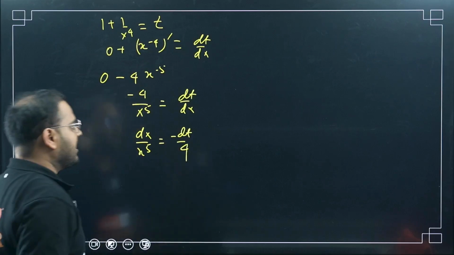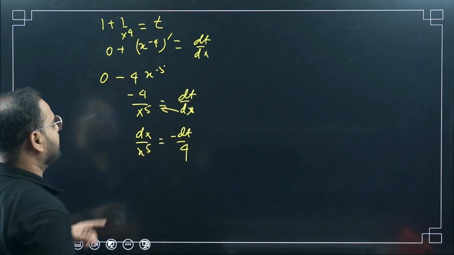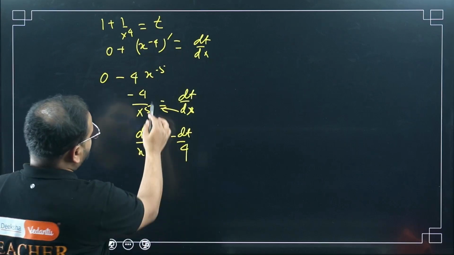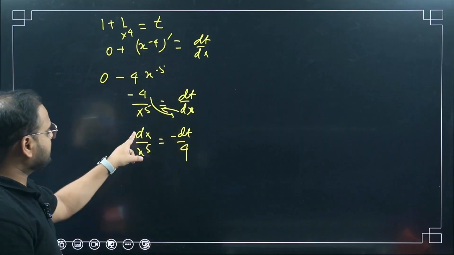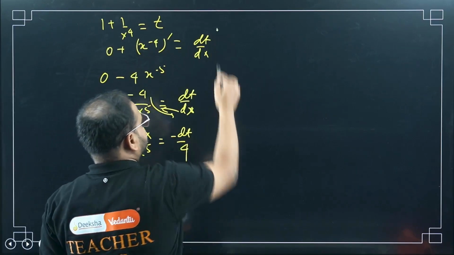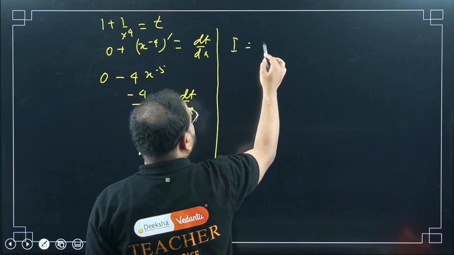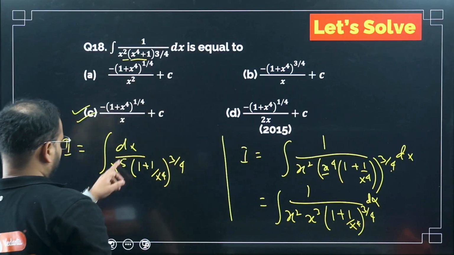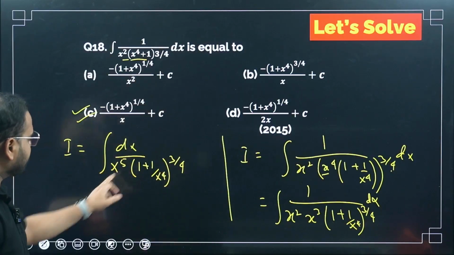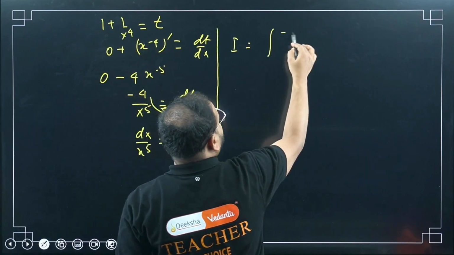Have a look, I'm taking dx over here and everything over there. Transform the integration that we had. I equals dx by x power 5, which will become minus dt by 4.